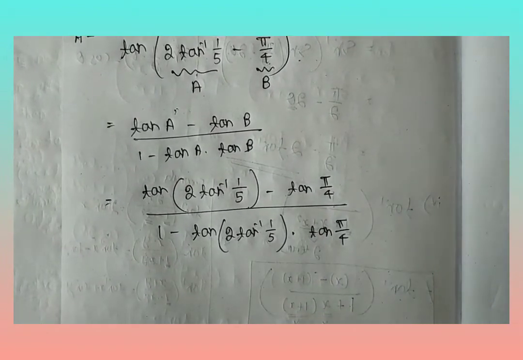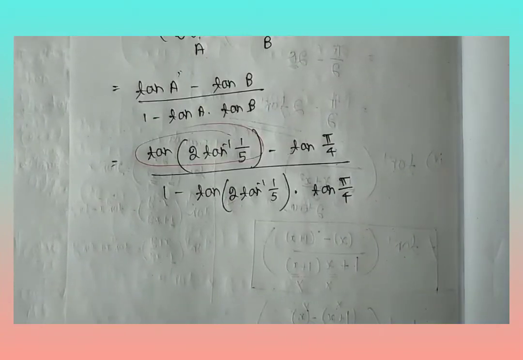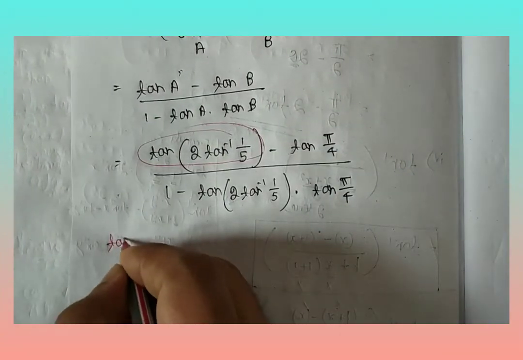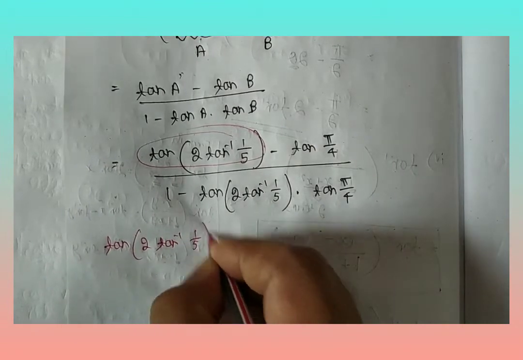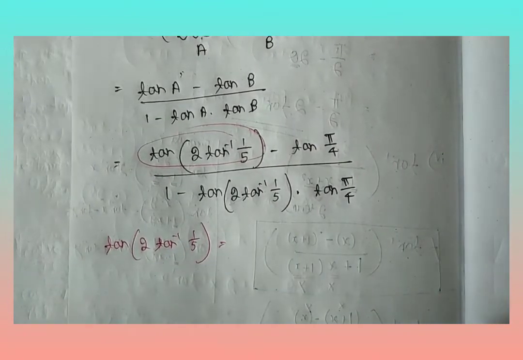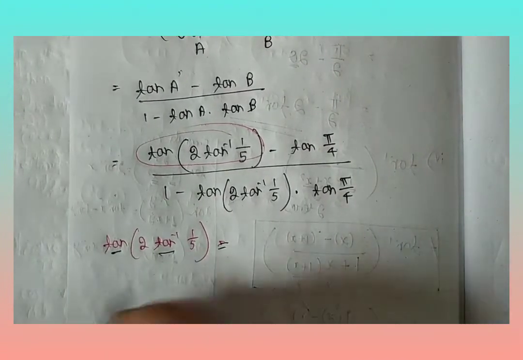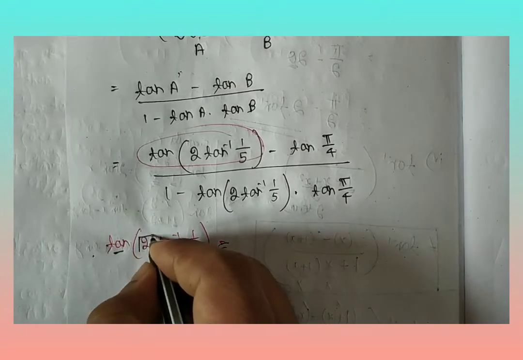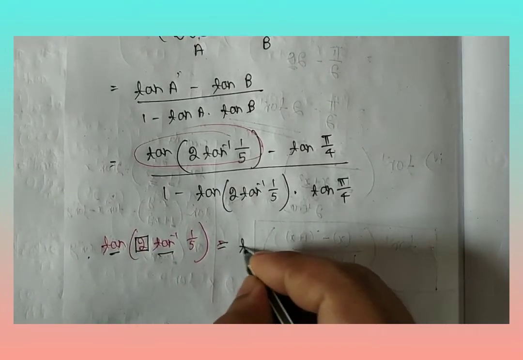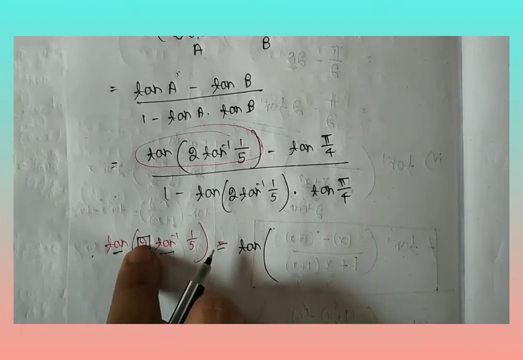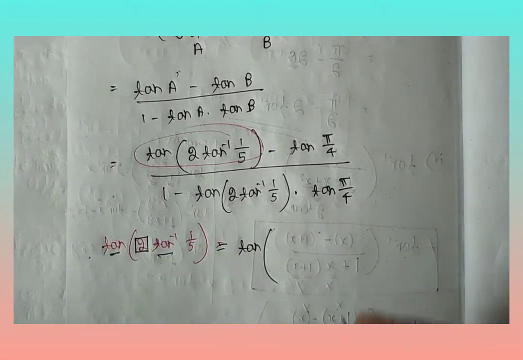Okay. Now we have to find the value of this term. Write the term separately and find its value. How to find it? Here is tan, here is tan inverse. We can cancel this term, but there is a 2 between tan and tan inverse. First, we have to apply the 2 tan inverse x formula, type 7, in terms of tan.